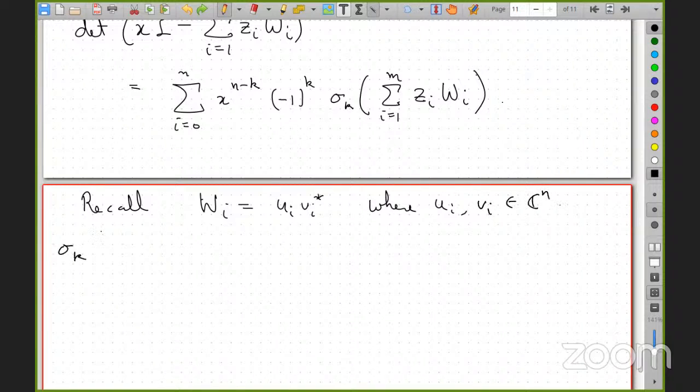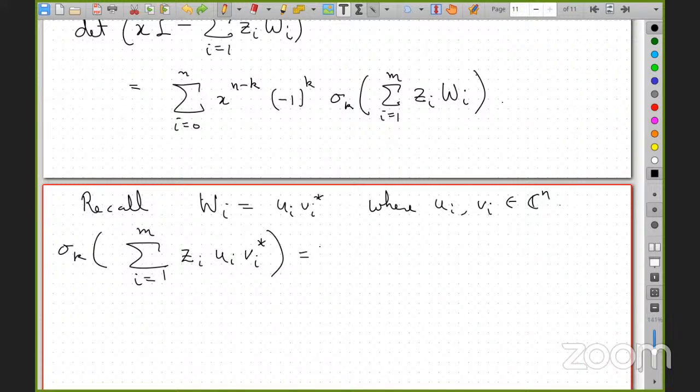So now sigma k of the sum over i from 1 to m of zi ui vi star is what?